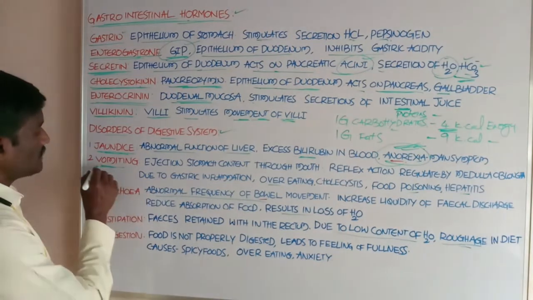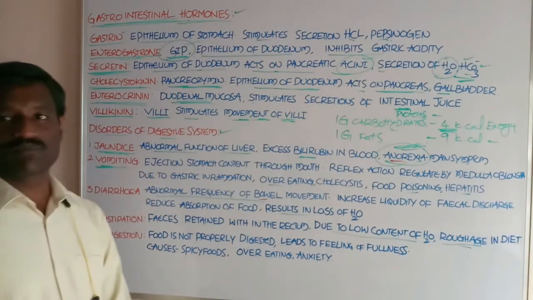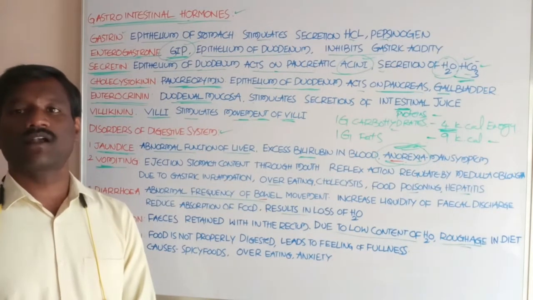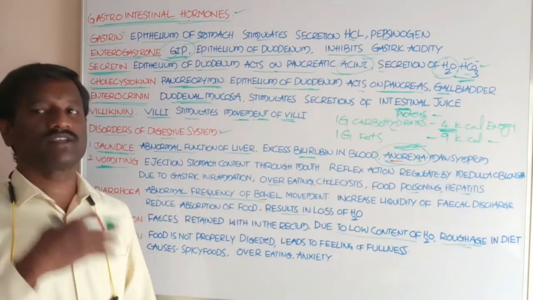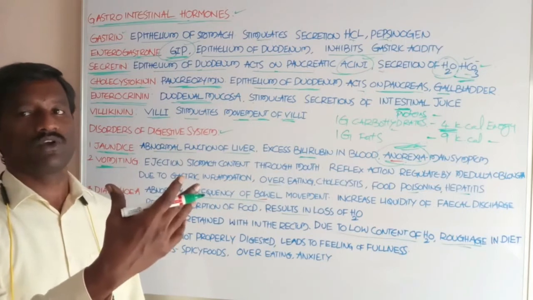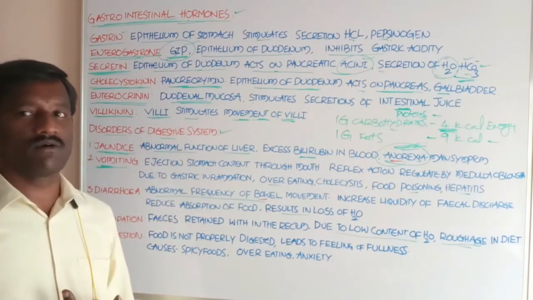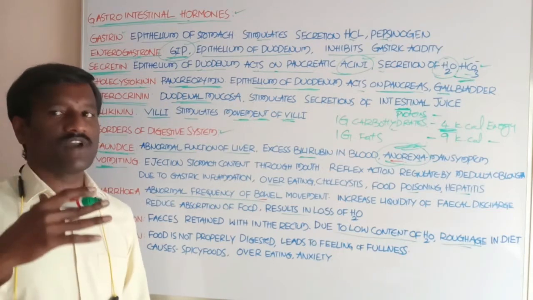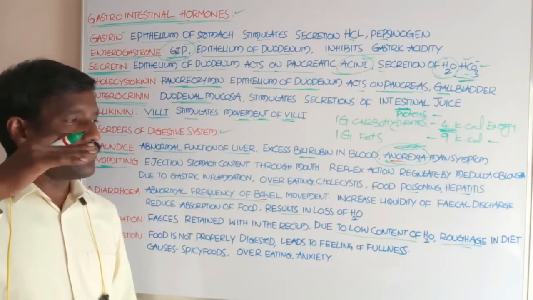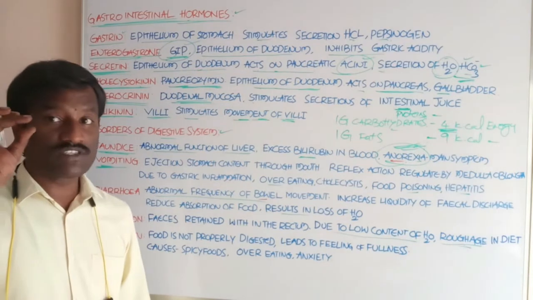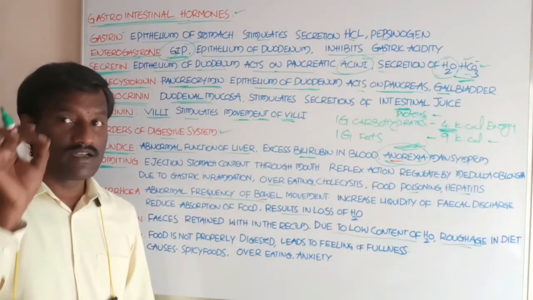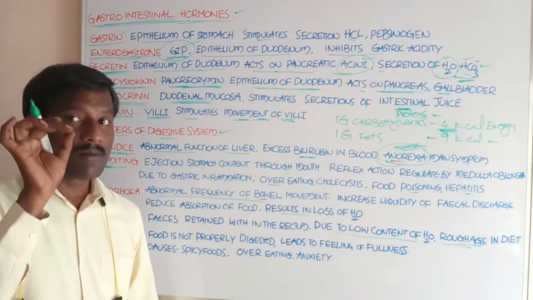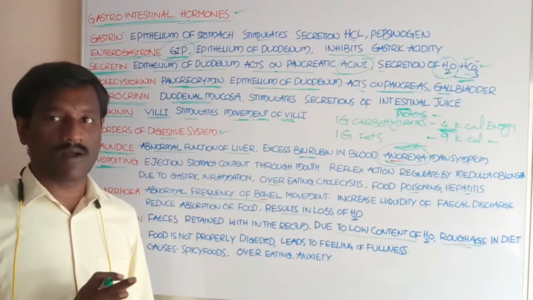Another one is vomiting. Vomiting is the ejection of the stomach contents through the mouth. The entire reflex action is regulated by the vomiting center, which is present in the medulla oblongata.